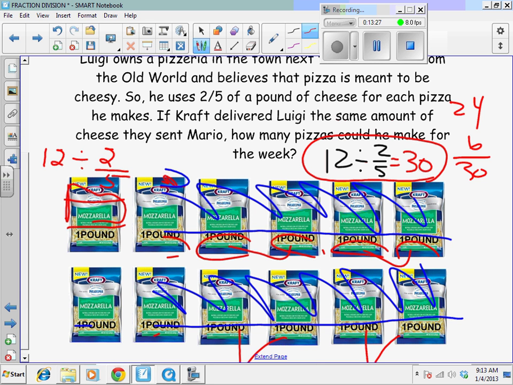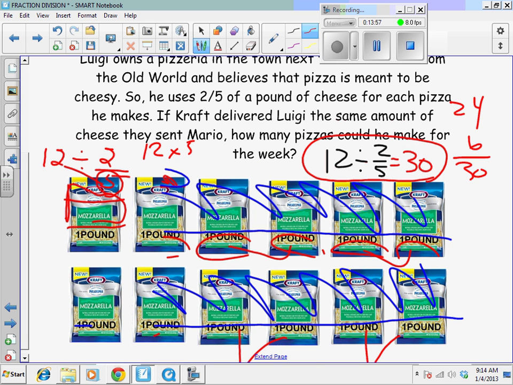Okay? Alright? I didn't exactly do that. What did I do graphically when I took this? Mackenzie. I figured out how many pieces I could make out of one bag. So what I really did was I multiplied 12 times 5. Okay? Alright? Because each bag, okay, I want to know how many fifths there were in each bag. That's what I really did. Does everybody see what I really did here? Yes? Paige, you see what I really did?